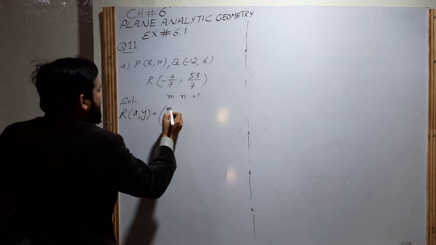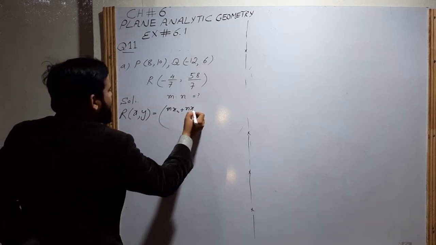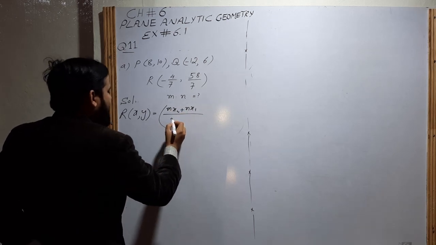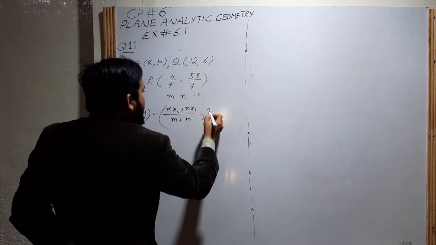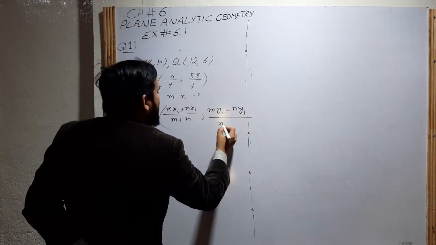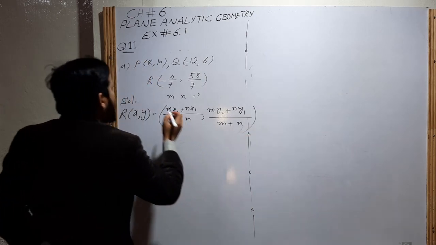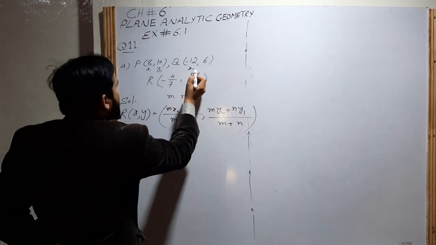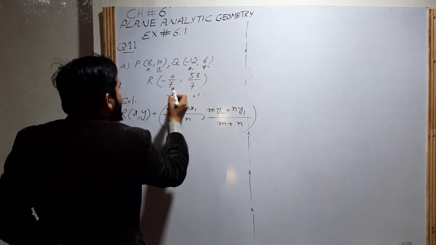The ratio formula is x = (m x2 + n x1) divided by (m + n), and y = (m y2 + n y1) divided by (m + n). Here m:n is the ratio. Clearly, this is x1, this is y1, this is x2, and this is y2, and this is x and y.